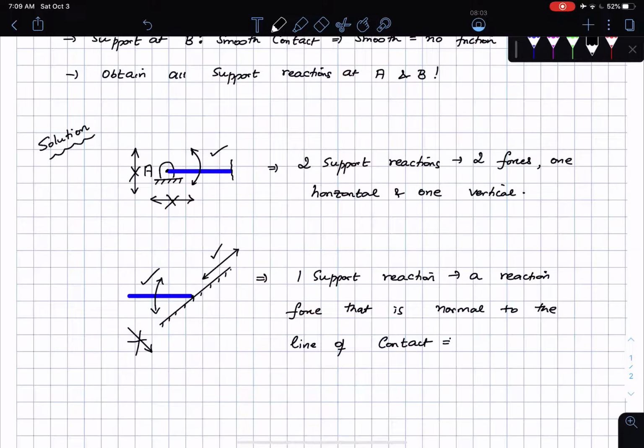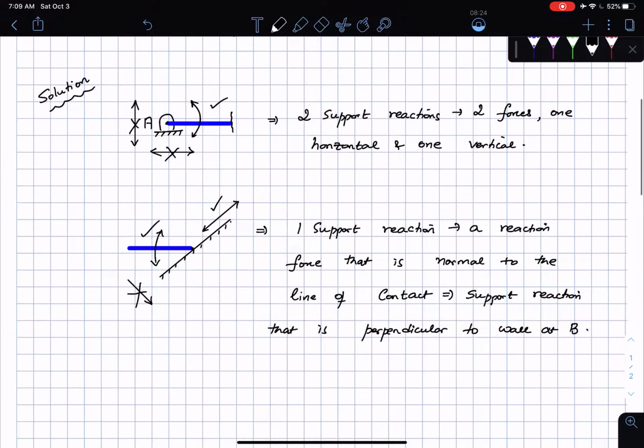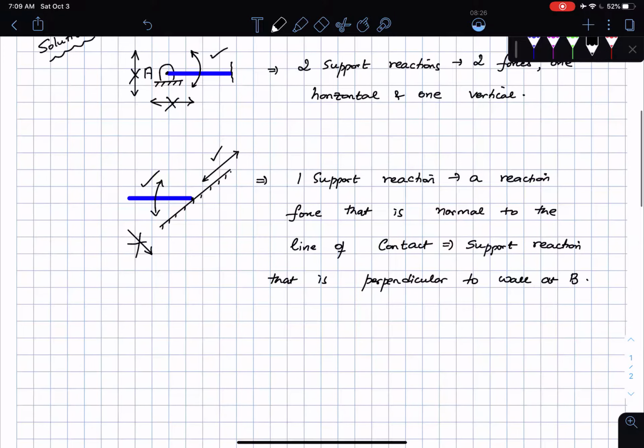Okay, so this is a support reaction that is perpendicular to the wall at point B. Okay, so if you have a smooth support, typically we call a line of contact.